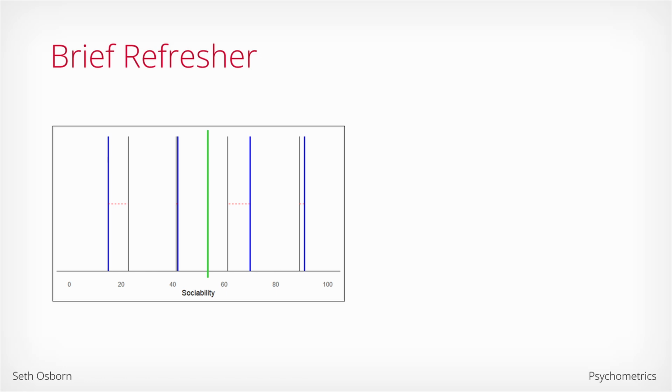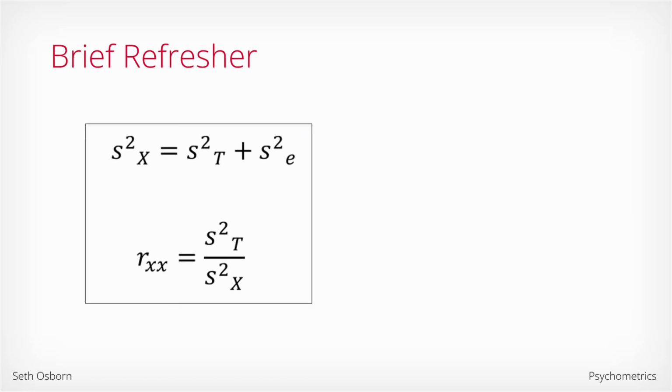Reliability is the proportion of the observed variance that is attributable to true score rather than randomness. Here's a formula that represents this idea, where reliability is denoted by RxX. Reliability asks, how much of the variance is true score variance?